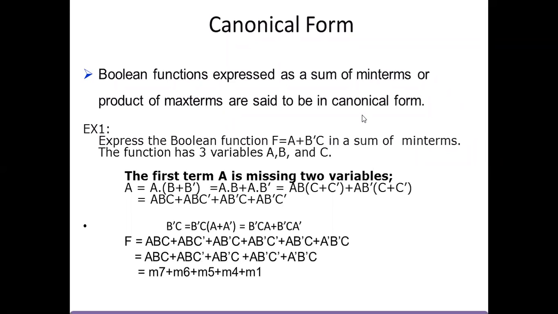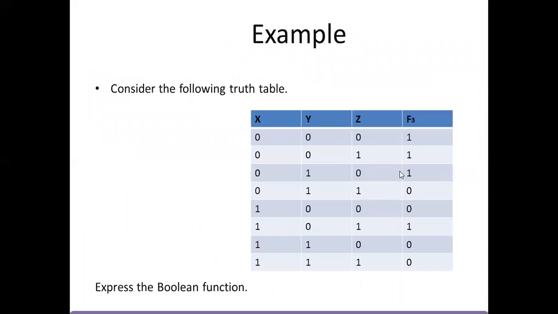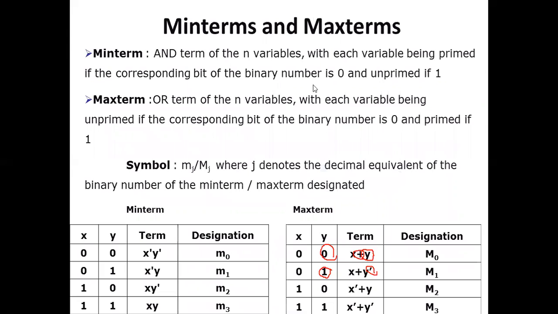So in this function, how many variables are there? A, B and C. In the first term, you have only A. However, in min terms and max terms, in each term we should have all the variables.